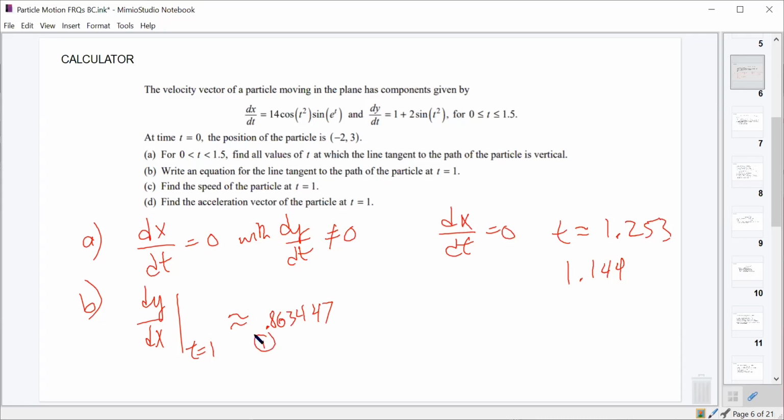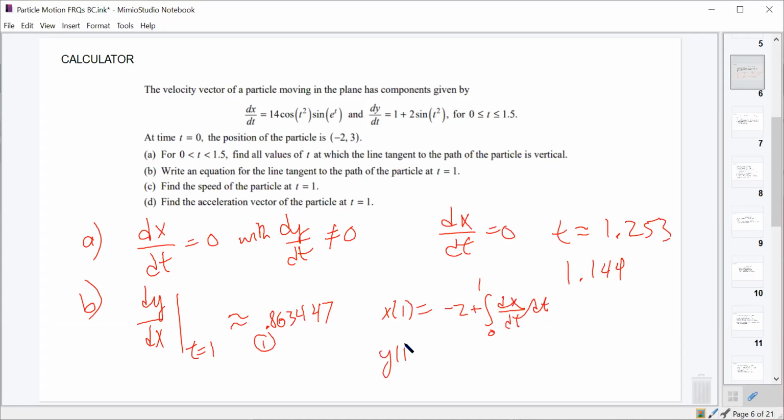And then x of 1, we need x of 1 and y of 1. Right? Do we have those already? They didn't give us those. They just gave us positions at 0. So we'll have to integrate to find those. x of 1 is the position at 0, which is -2, plus the integral from 0 to 1 of dx/dt.